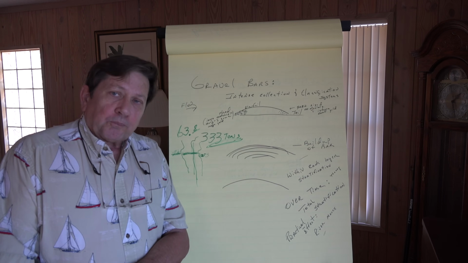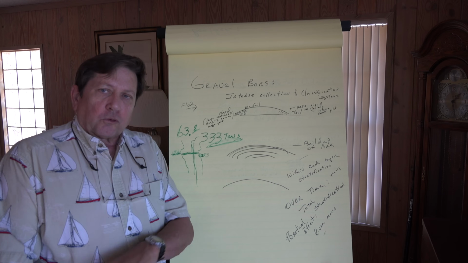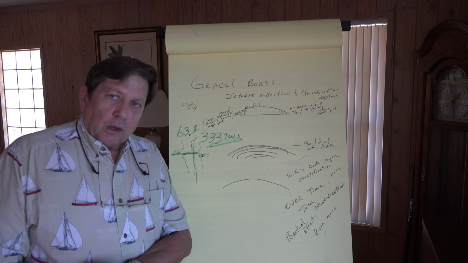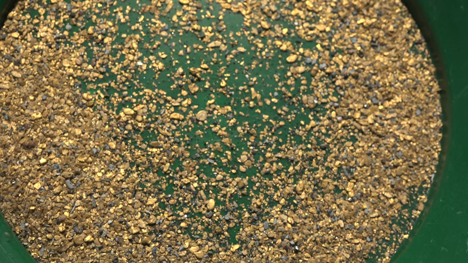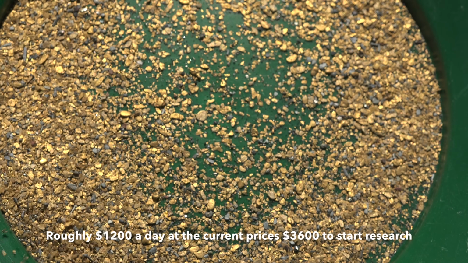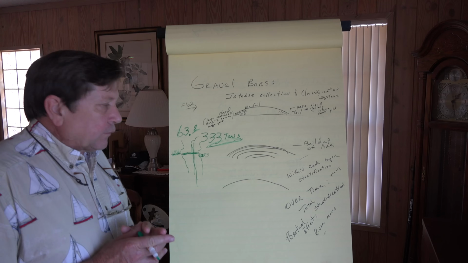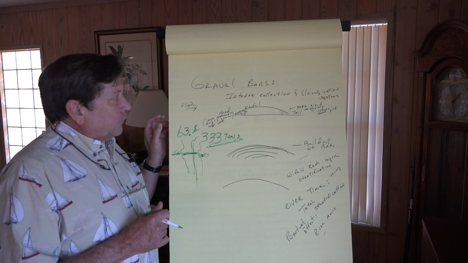Here's the good news. We have been hired to go out and prospect 3 different properties. Our fee is an ounce of gold a day with a 3-day minimum. That'll get us across the country. The contracts are for 10 days a piece. So in all, we have $30,000 worth of contracts that we're going to fill.